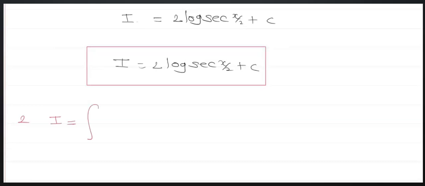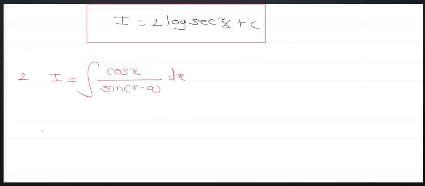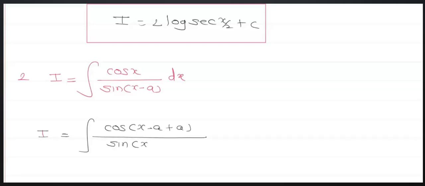Second. I is equal to the integral of cos x upon sin of (x minus a) dx. Now in this case, we adjust the numerator angle just like the denominator.